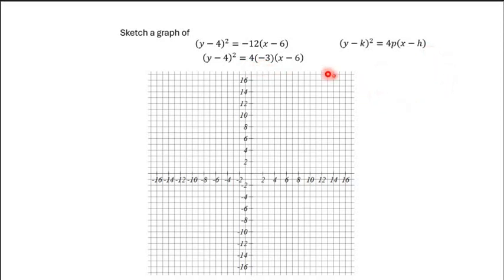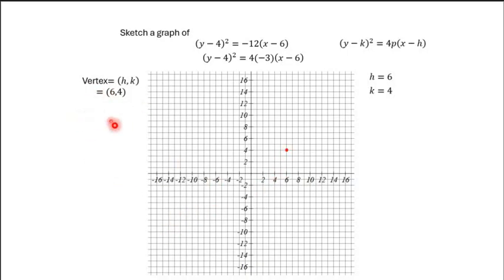So here I can identify that h is 6. I can identify that k is 4, and now I know that the vertex of the parabola is the point 6, 4. So the vertex is the point 6, 4.